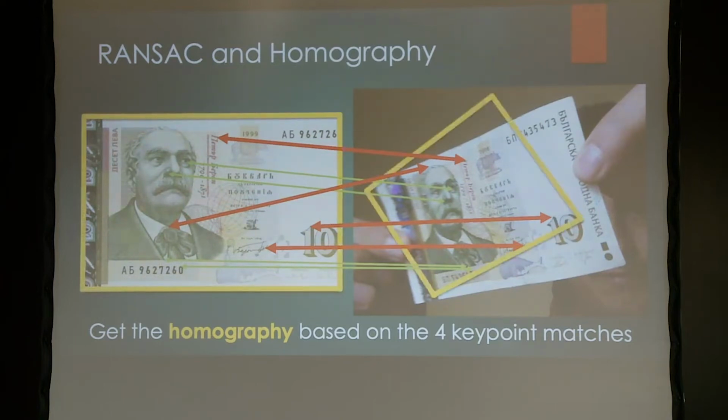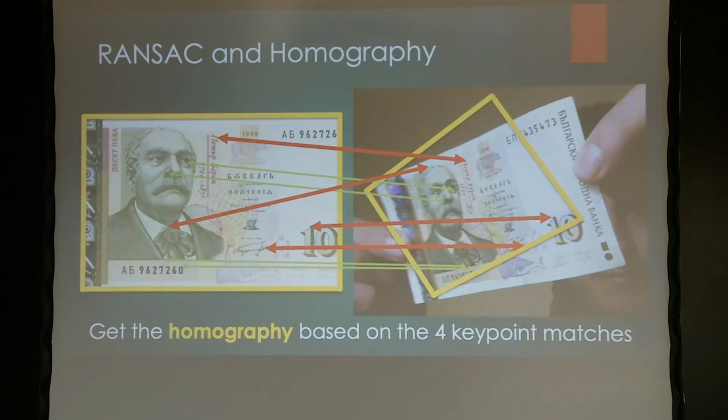So this rectangle would be transformed to this rectangle based on these points. Does that look okay to you? Is that a good homography? Probably not. But our algorithm doesn't know because it can't see the images. It needs to know if this is a good homography or not without looking at the images.